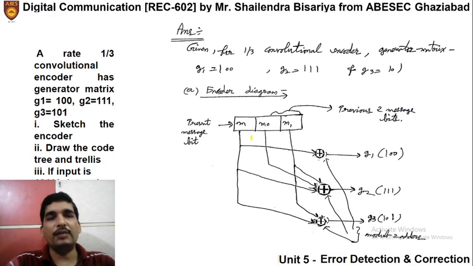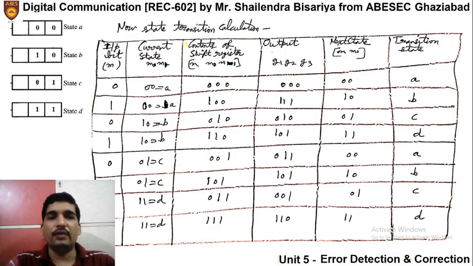with the same example which we discussed in the last class. For this example we have drawn this encoder diagram, and for this encoder diagram we have drawn this state transition table.